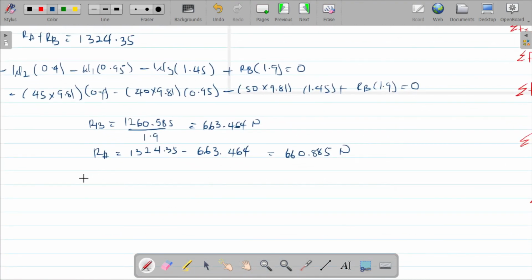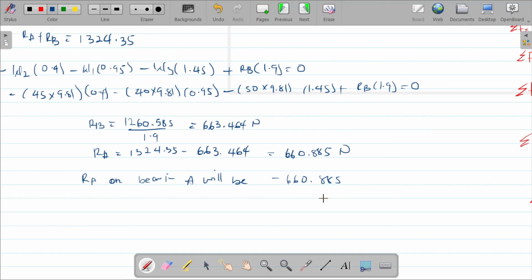So RA on bearing A will be negative 660.885, something like this.